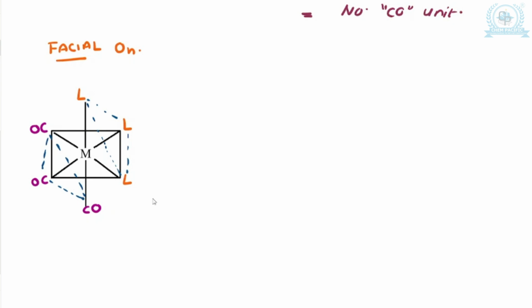So the first point is that all 3 L ligands as well as all the 3 CO ligands are cis to each other.